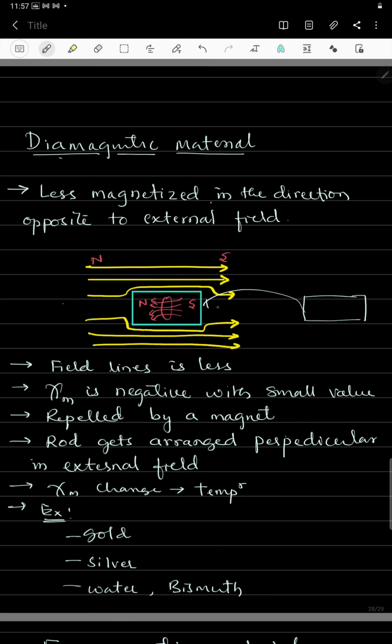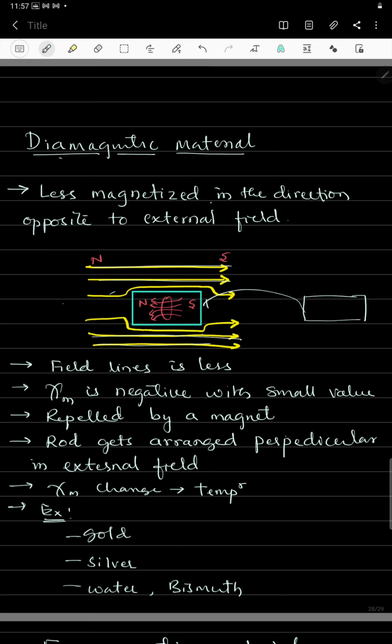See here, this is the magnetic material. If I place this material into the magnetic field, it is less magnetized, and it is going to be repelled by the magnetic field lines. See here, I have placed the magnetic material, and some of the magnetic field lines are moving in a straight line.